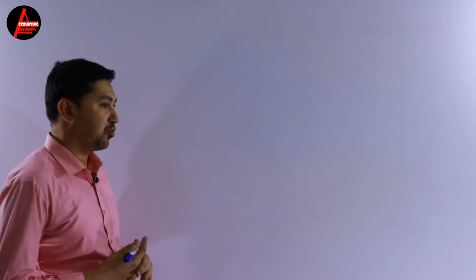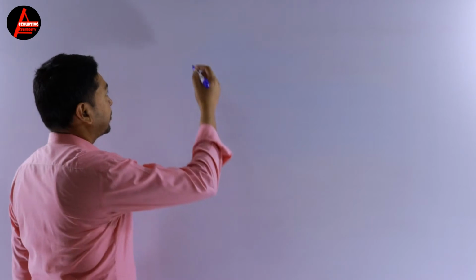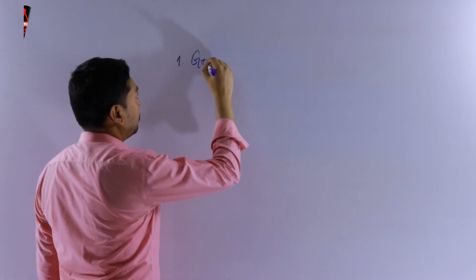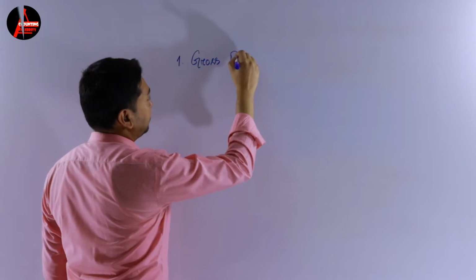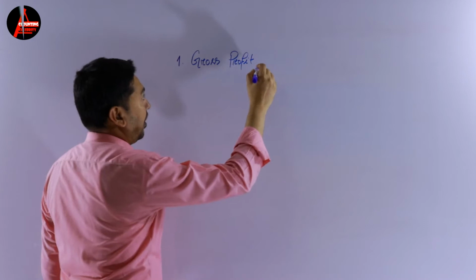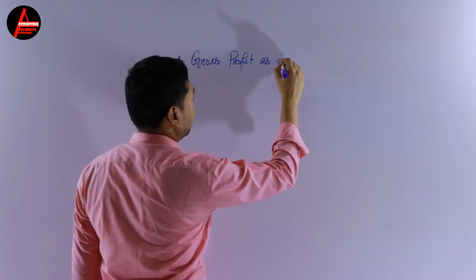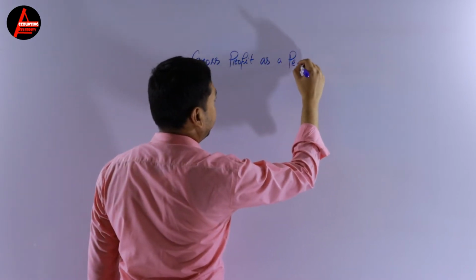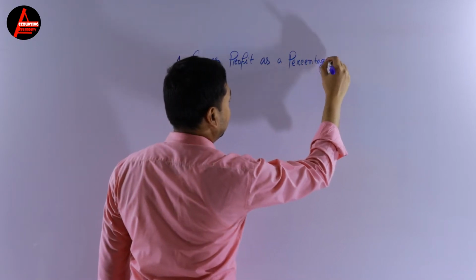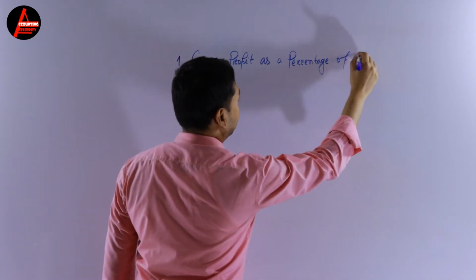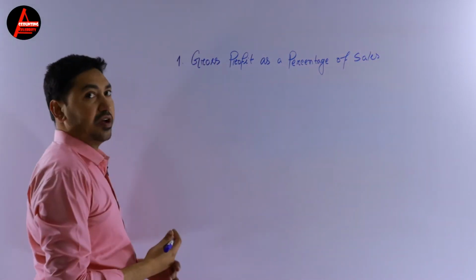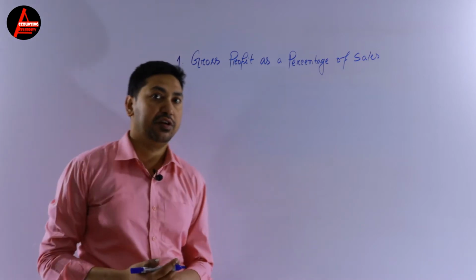Okay, number 1 is gross profit as a percentage of sales. So what is the formula here?